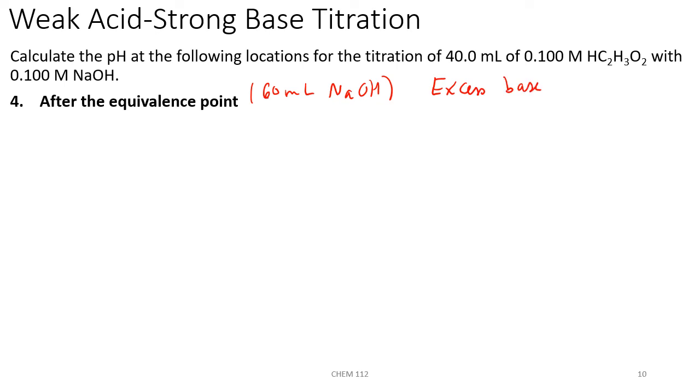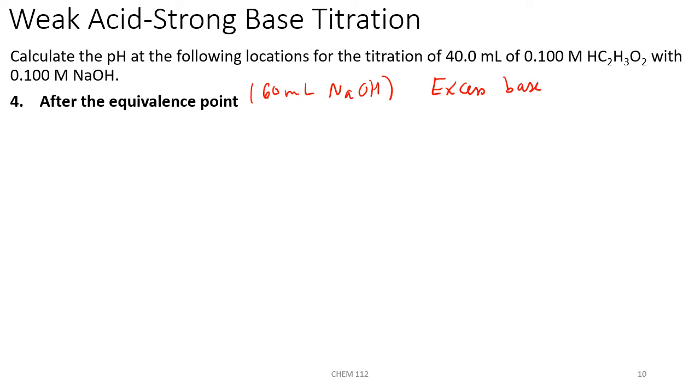Any bit of sodium hydroxide that's added beyond the 40 milliliters required to reach the equivalence point is considered excess. So even if you added 40.01 milliliters of sodium hydroxide, that would still be after the equivalence point and you would have excess base present.